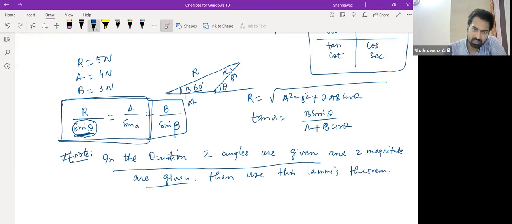Whenever two angles are given, this is the important one, let's say alpha and theta, and one magnitude R is given.